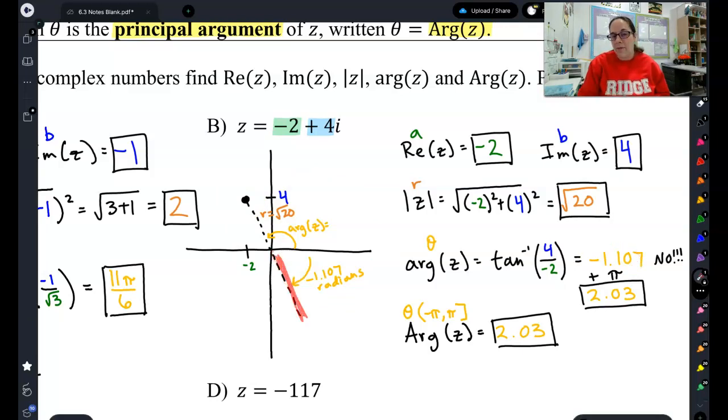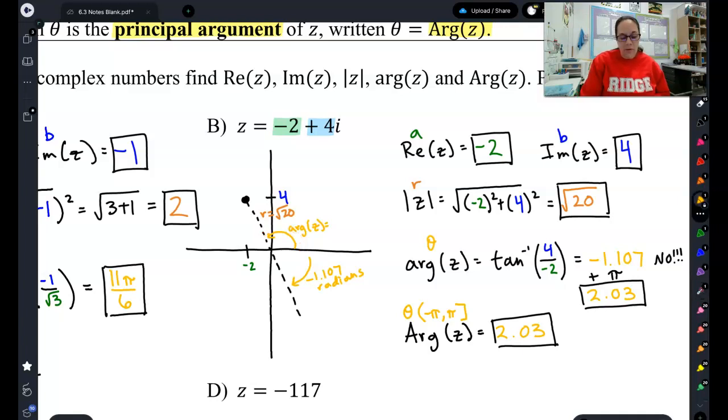It's the negative quadrant 4 one. And we can see that this would be about negative 1.107 radians. That's a problem because that is not the point I want. The point I want is up here. But because it's tangent, we know that these points are pi apart, half a circle. So all I did was add pi to my answer to get 2.03, and that is that angle.